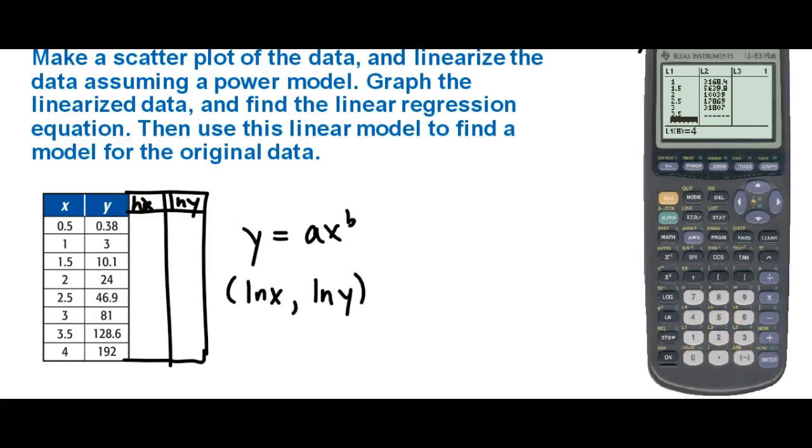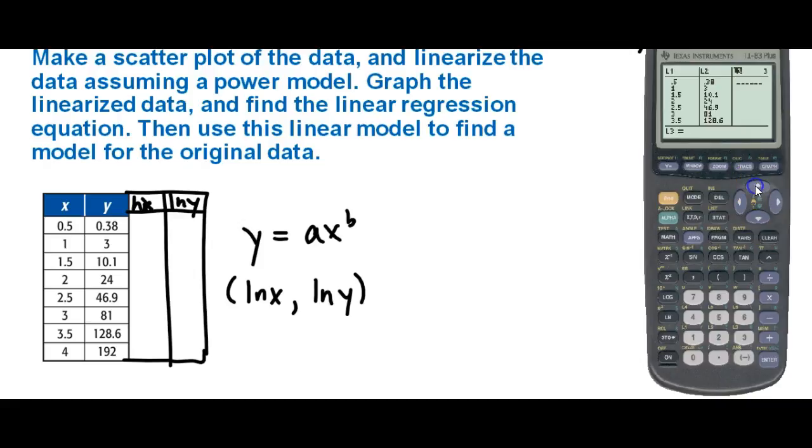And then on our L2, our y values, let's go up and clear that list. We're going to have 0.38 and 3, 10.1 and 24, 46.9, 81, 128.6, and 192.